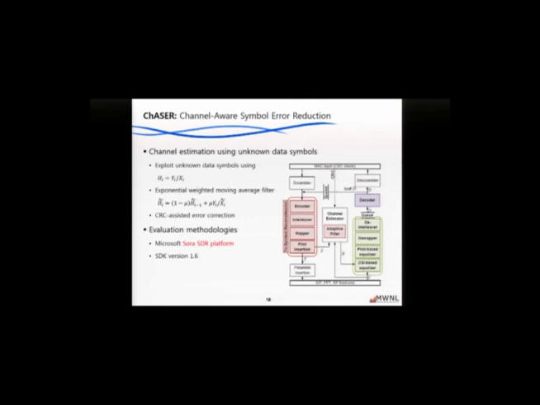If you take a look at this equation, the channel can be obtained by dividing the received signal symbol by the actually transmitted signal. As I said, in original Wi-Fi, the channel is estimated at the beginning of frame reception by using a known set of symbols. So again, the idea is simple.